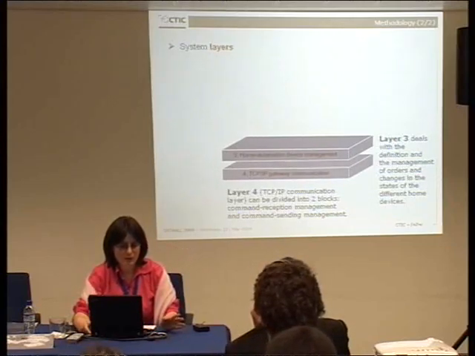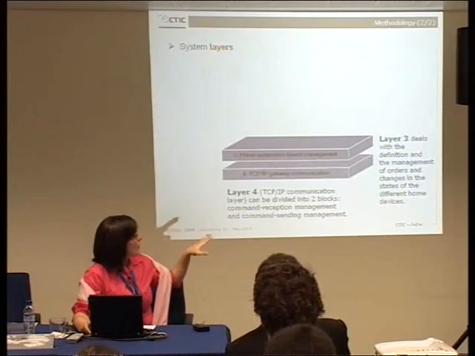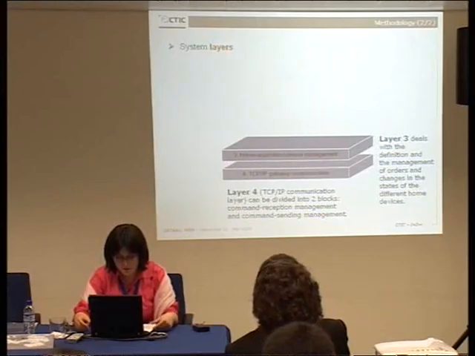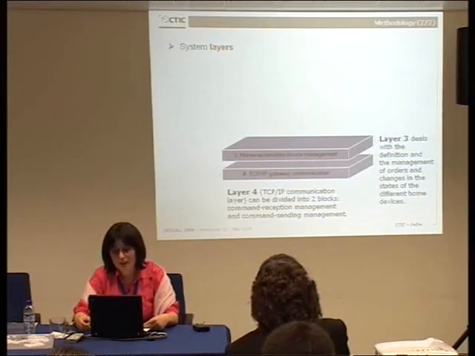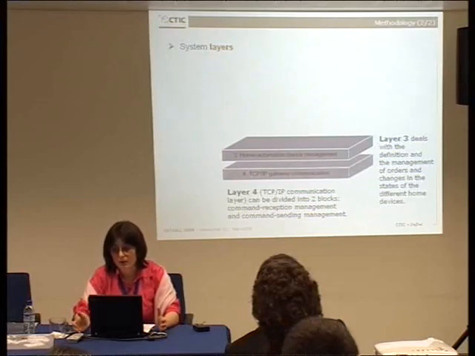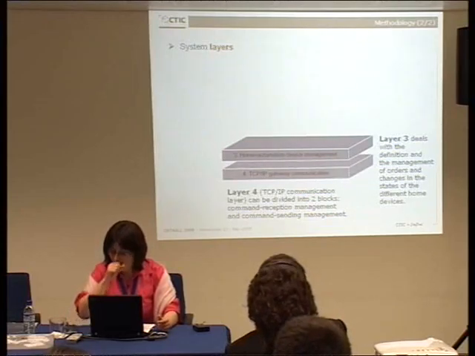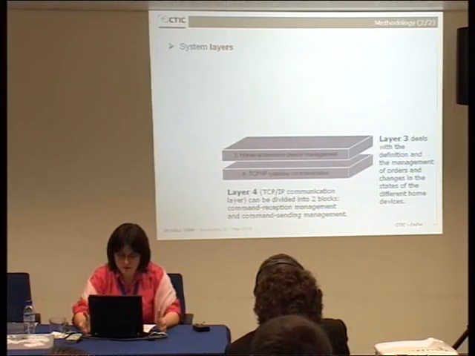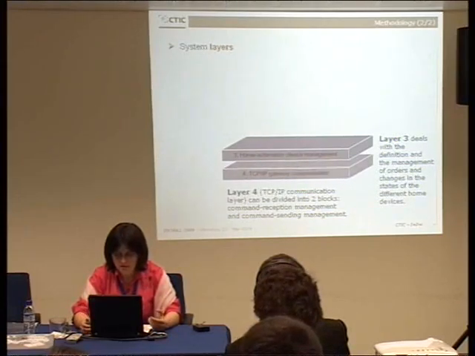As for the different layers of the system, it's 4 logical layers. The bottom one would be a communication layer, which is TCP/IP, because the communication fashion with the external network, right now, what we can find in the market are Ethernet communications or modem-based communications.